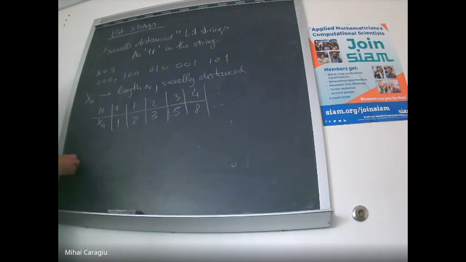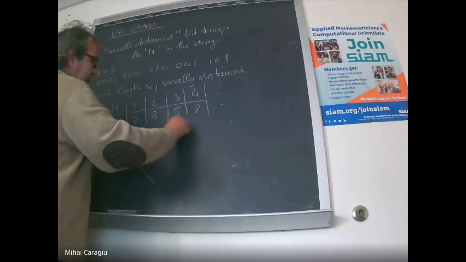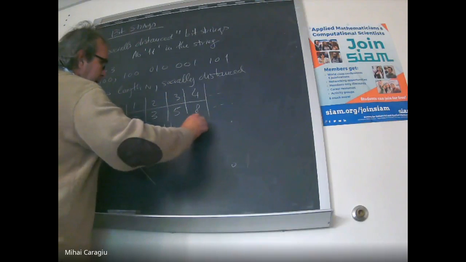Okay, so let's pick an element of X_n, which is the bit string b_1, b_2, b_3, all the way to b_n. So these are all socially distanced bit strings of length n. There are two cases. Look at the first bit, very important. If the first bit is 0, then we have b_2, b_3, through b_n.